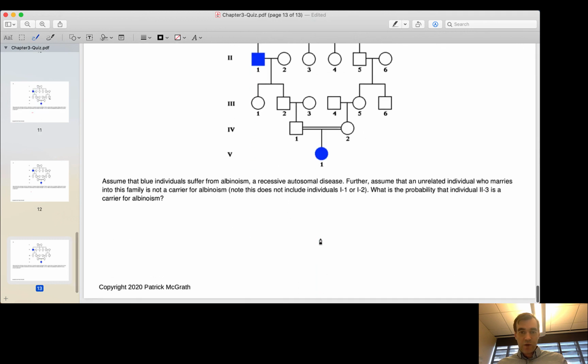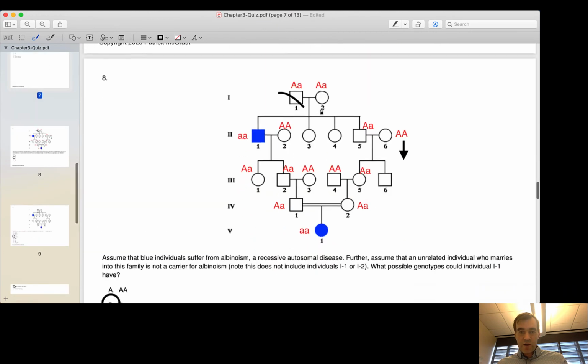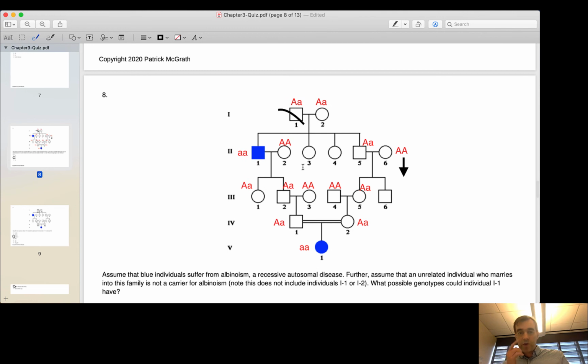And then the final one is individual 2-3. So we go back up here, and we note that we haven't figured out what this individual is yet. This individual has heterozygote parents for both, and so if we simply did a Punnett square, what we would find is that the Punnett square would be 1 AA, 2 Aa, and 1 aa.